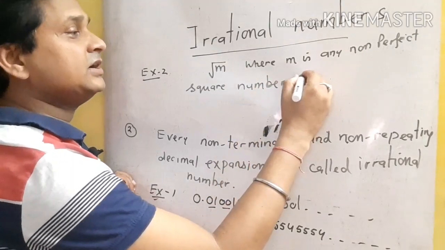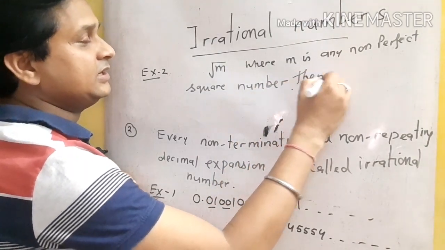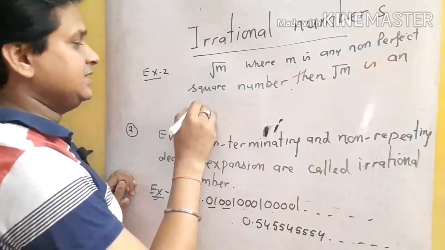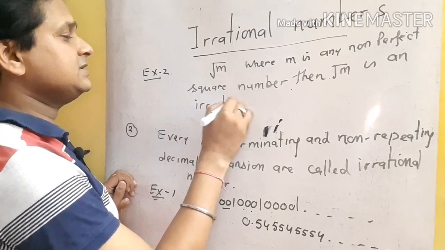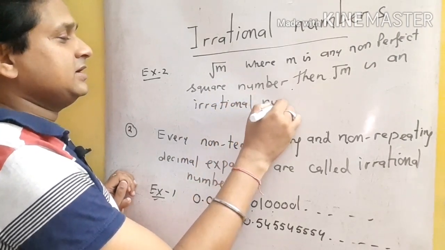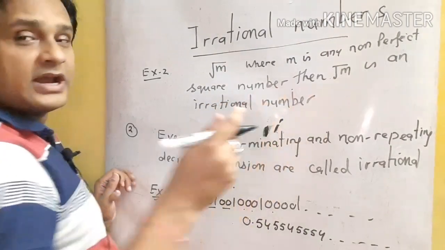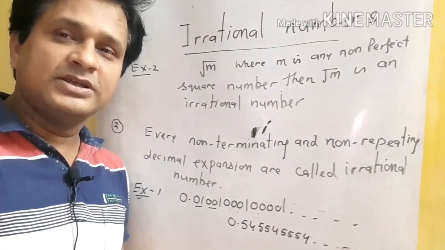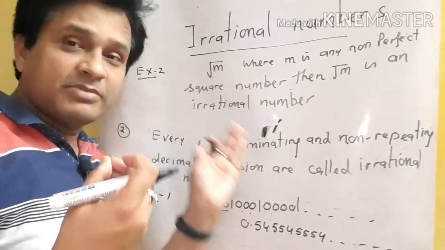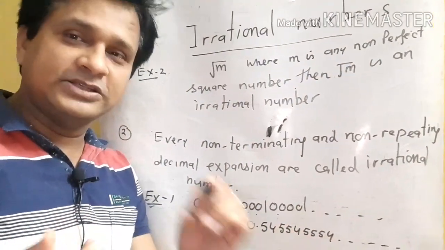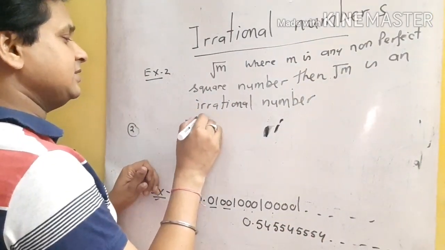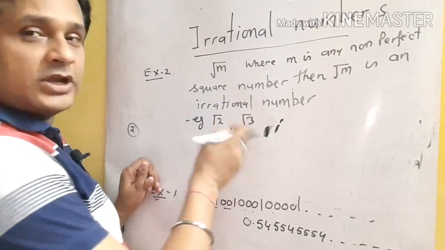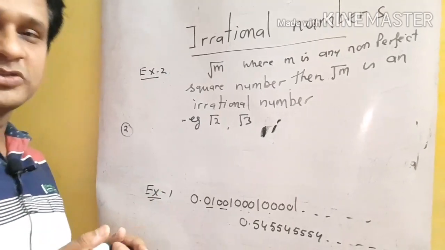In this case, root m is an irrational number. Examples: root 2 and root 3. 2 and 3 are non-perfect square numbers.